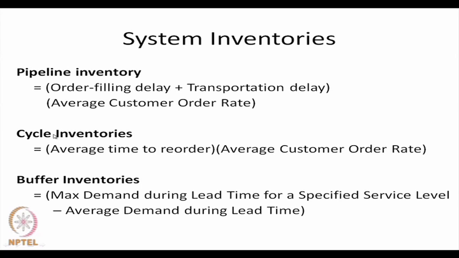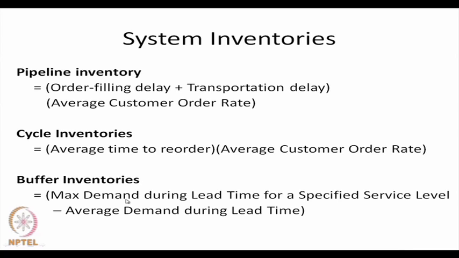There are two types of inventories also apart from pipeline inventory, that is called cycle inventory and buffer inventory. Cycle inventory is the inventory that a particular unit has before it orders for replenishment. So, it is the average time to reorder into average customer order rate. And apart from the cycle inventory, the unit also holds certain buffer inventory, which is basically to guard against the risk of stock out.